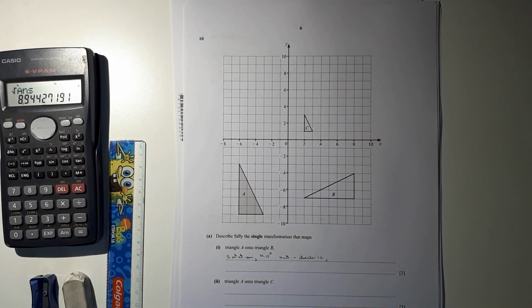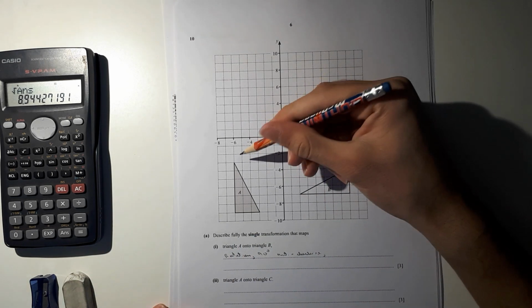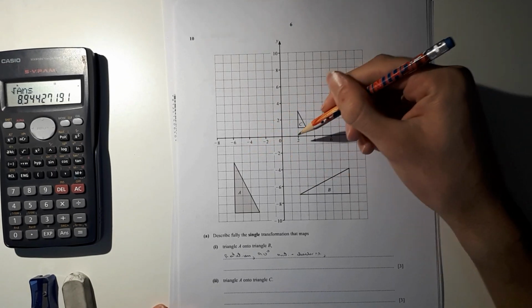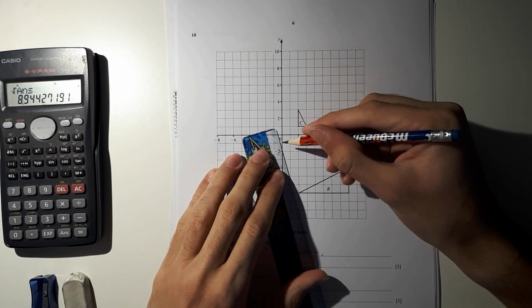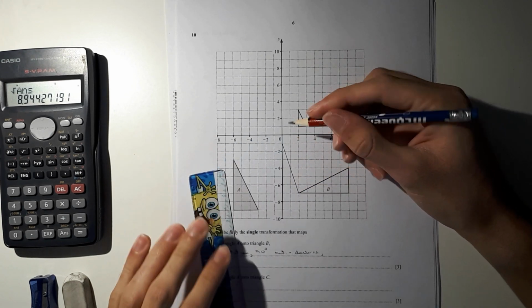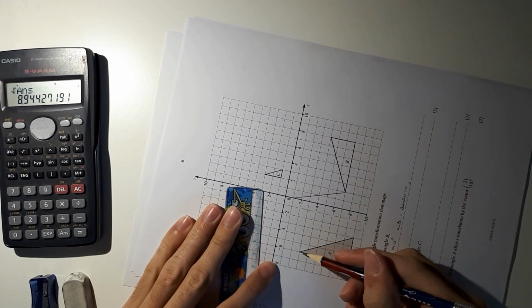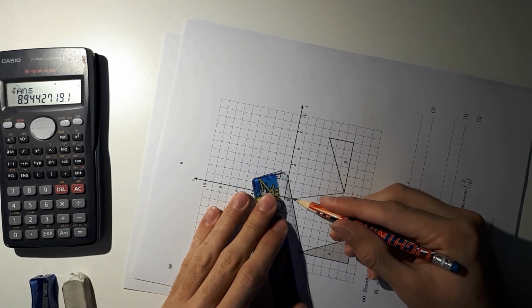And now finally we have to say about which point it was rotated. So we have to see which point has the same distance to these two. So we can see that over here we have 2 and 6, and over here we have the same 2 and 6.